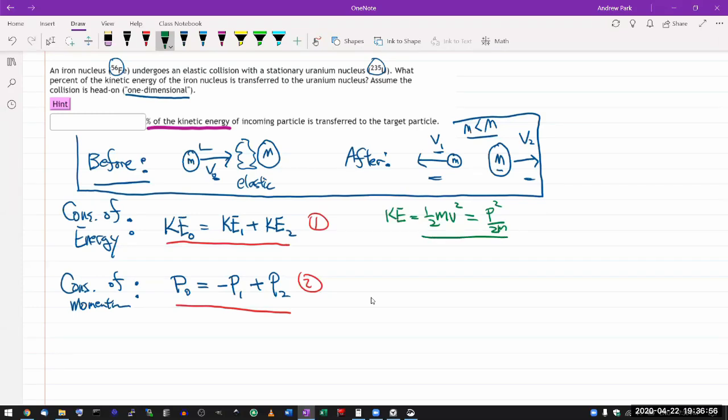You can prove this for yourself using momentum is equal to mv. So what I need to do is to solve this mini equation for the momentum. And when you do, you get momentum is equal to the square root of 2 times m times the kinetic energy. So that's what I'm going to use.